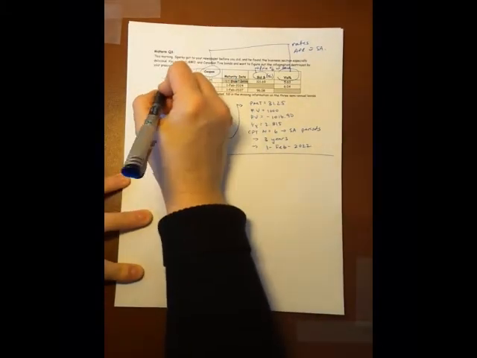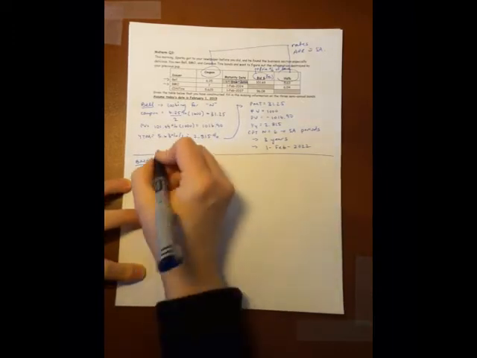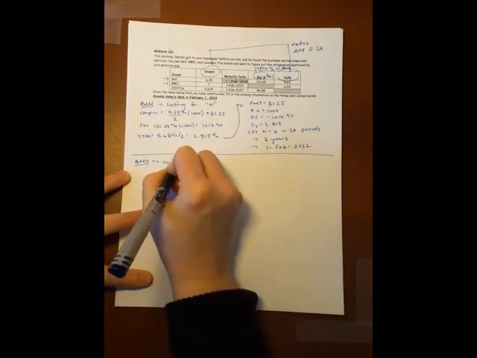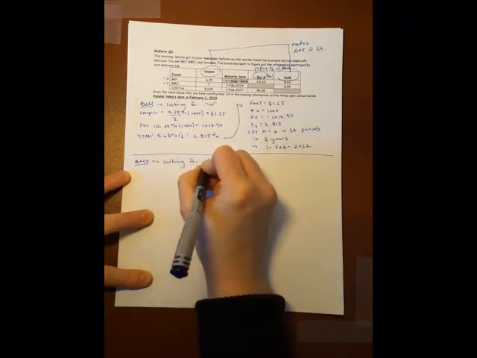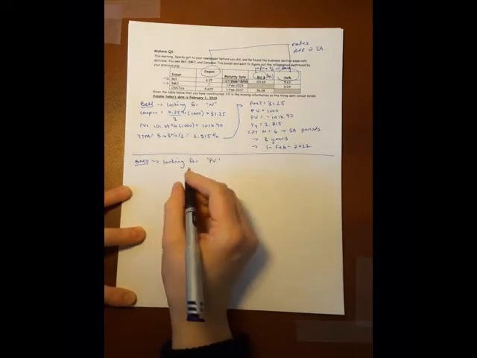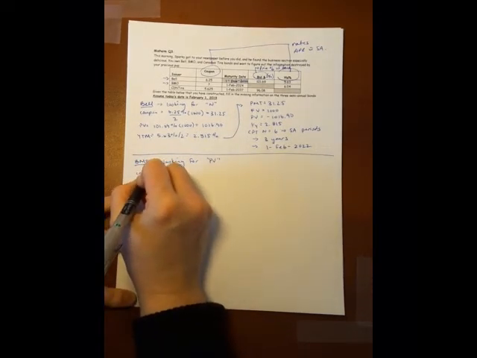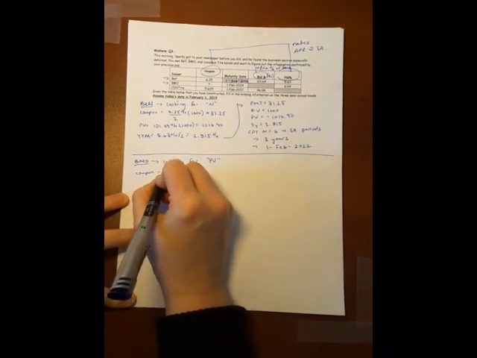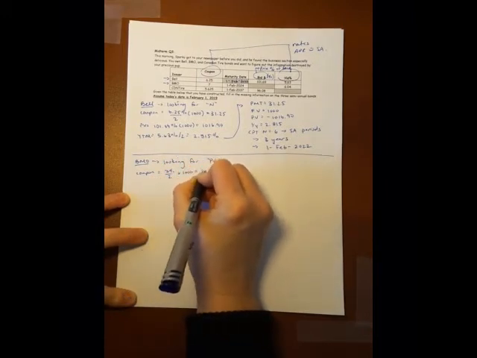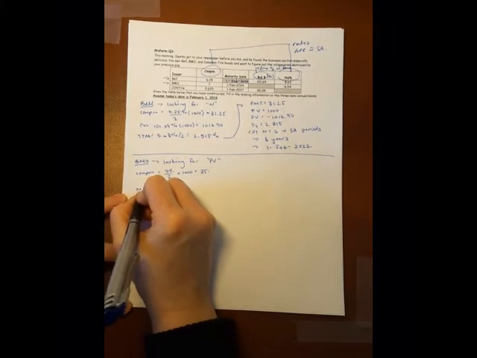Let's move on to BMO. For BMO, the missing piece of information is the price. We are looking for our PV here. So let's collect all the information we do have. We have our coupon rate, so the coupon is equal to 7% divided by 2 times 1,000, so 35.